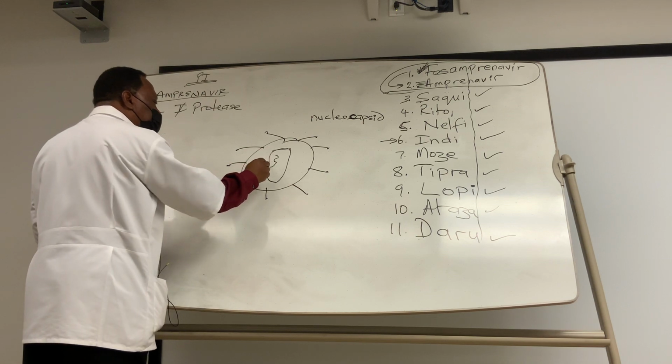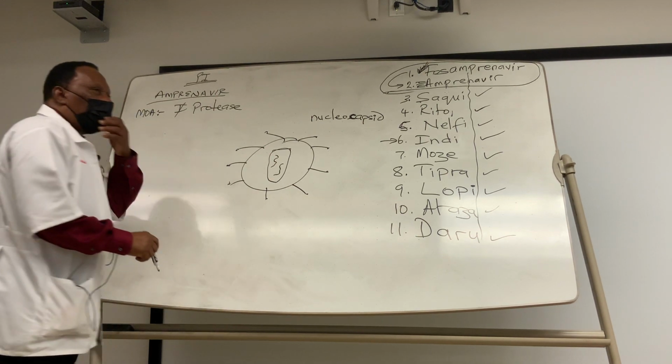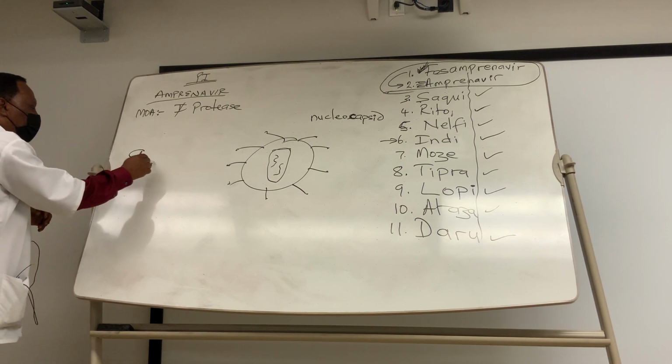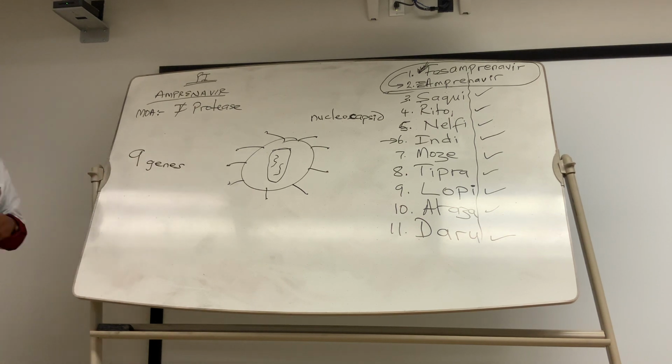And that has 2 RNA strands in it. Each RNA strand contains all the 9 genes of that virus. You divide those 9 genes into 3 major groups.